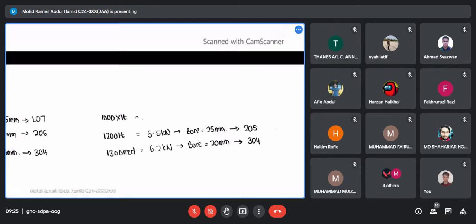Okay, so ada yang 14.2 punya ni untuk jawapan saya ada. 14.2 banding capacity is what? 4.9.